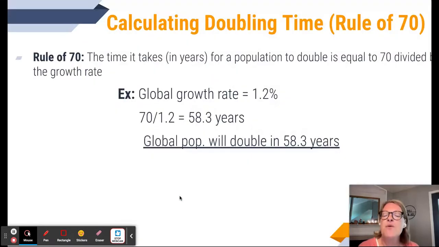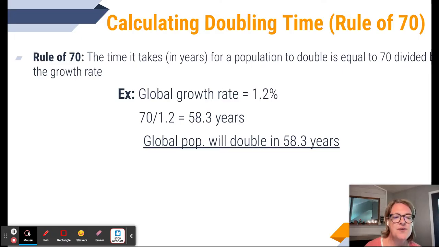Okay, so let's look at an example. If our global growth rate is 1.2% currently, how long will it take the population of the Earth to double in size? When we do the math here, 70 divided by 1.2 is approximately 58.3 years.